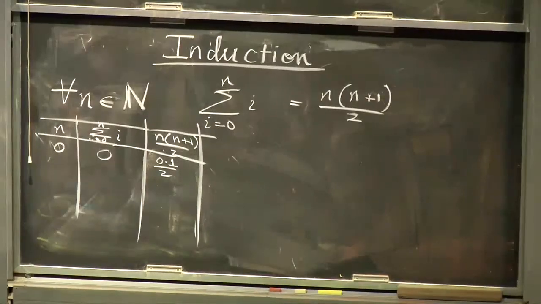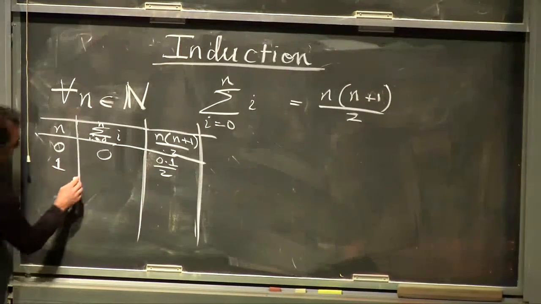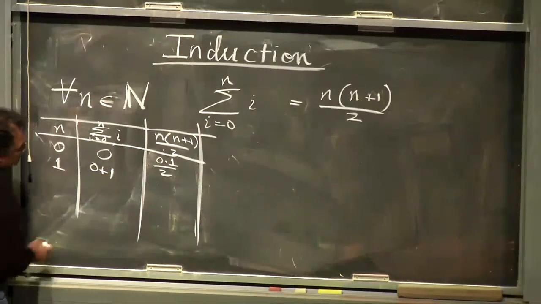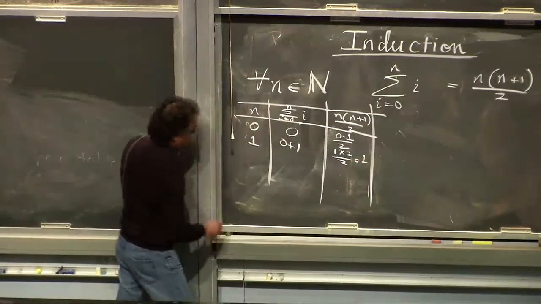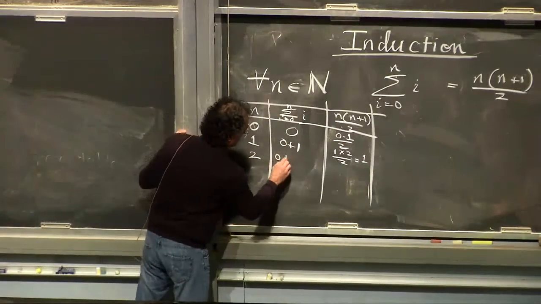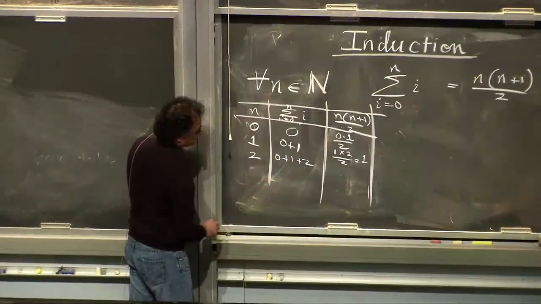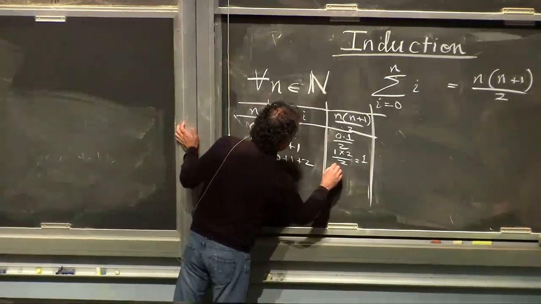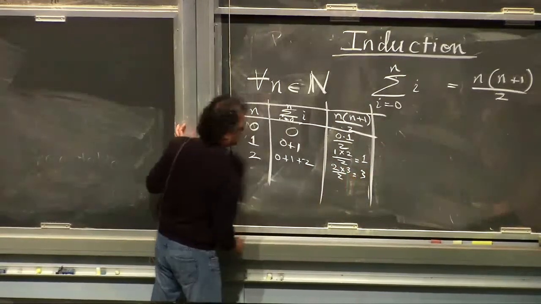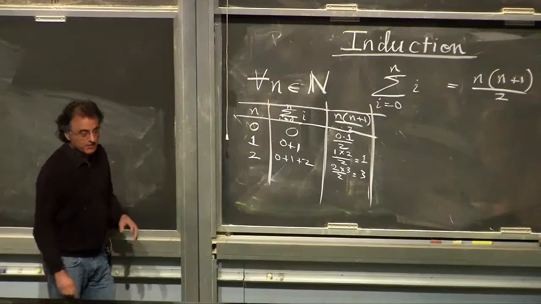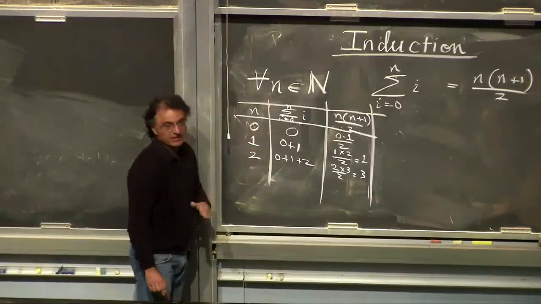That checks out. n equal to 1: 0 plus 1, 1 times 2 over 2. n equal to 2: 0 plus 1 plus 2, 2 times 3 over 2, which is 3. Right, and you can work your way through and check.